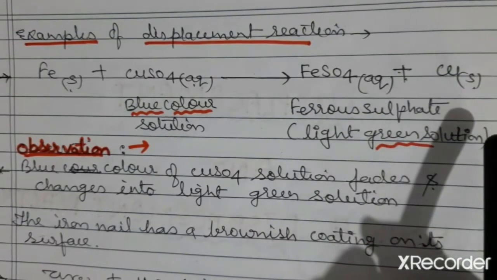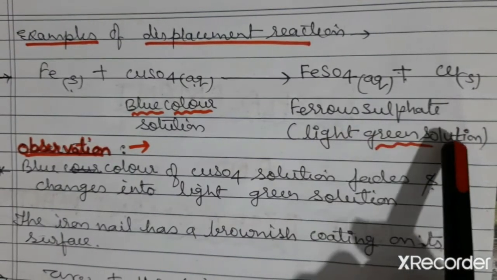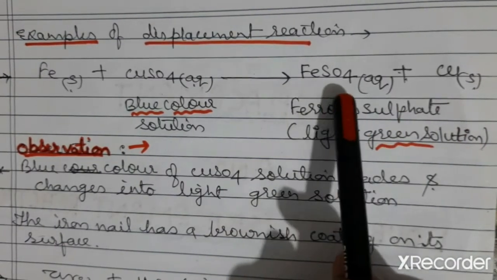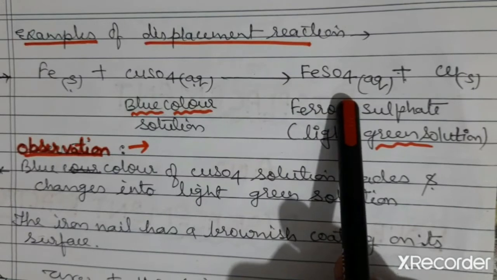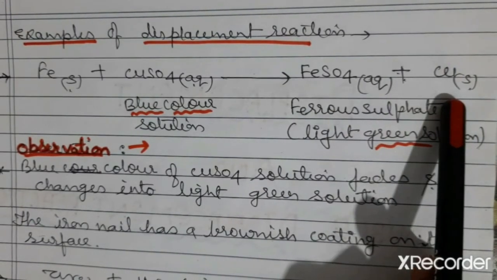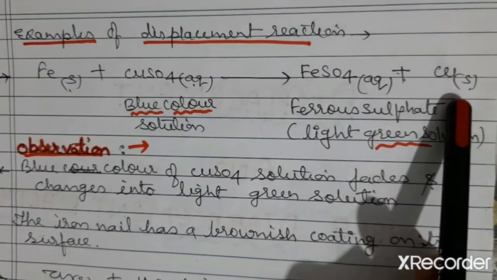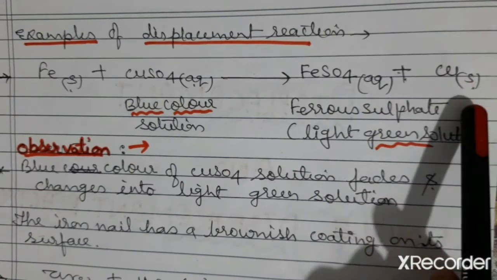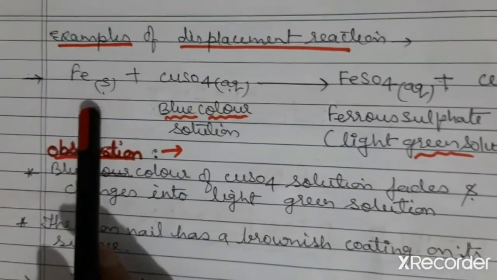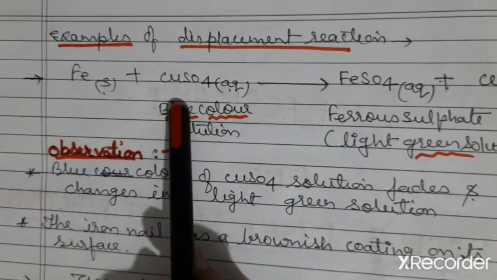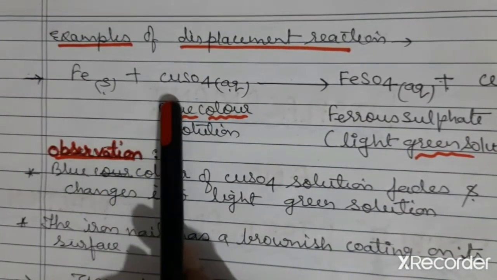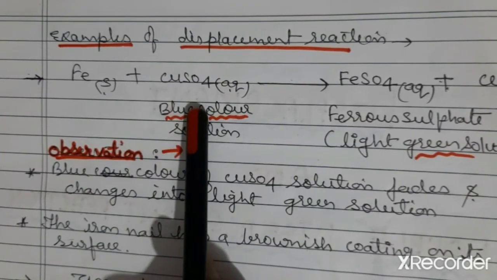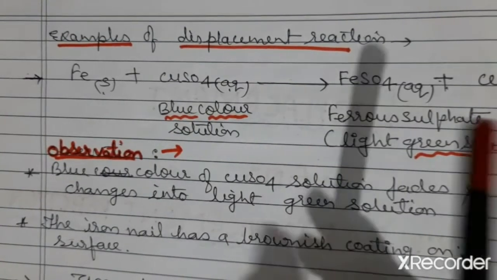What is this light green color solution? This light green color solution is actually of ferrous sulfate. And you will see a reddish brown deposition of copper metal over iron filings. What happened? Here, since iron is more reactive than copper, it displaces copper from copper sulfate solution and forms ferrous sulfate.